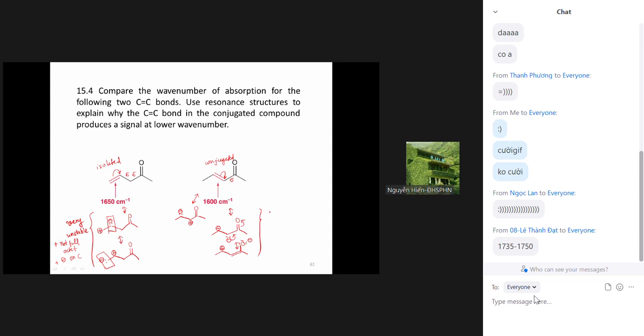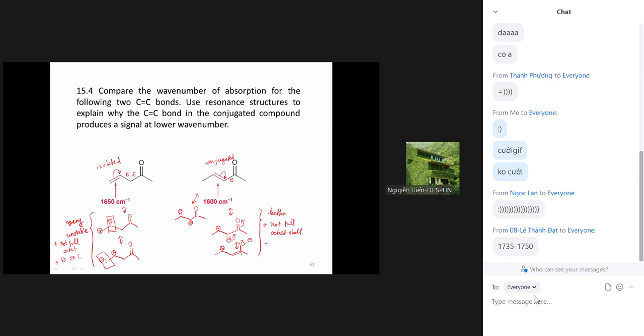So this is a little bit better, because you also have positive charge on carbon, so not a full octet shell.